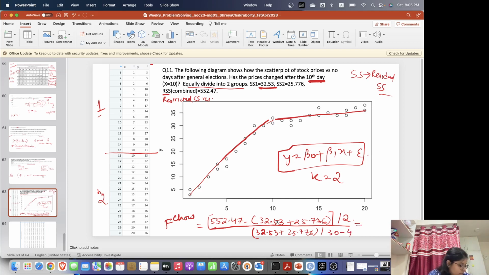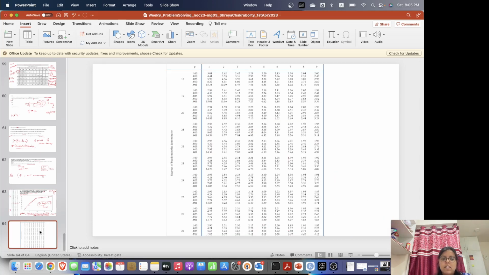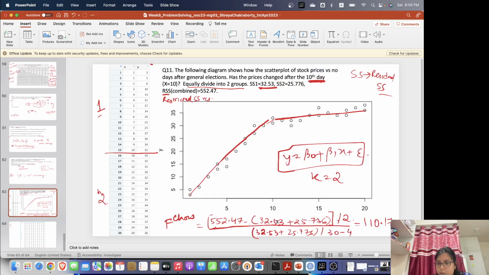So the value of the test statistic will be 110.17. Now we should compare this with an F statistic. What will be the df of the F statistic? Whatever we are dividing by in the numerator will be the df for the numerator, and whatever we are dividing by in the denominator will be the df for the denominator.